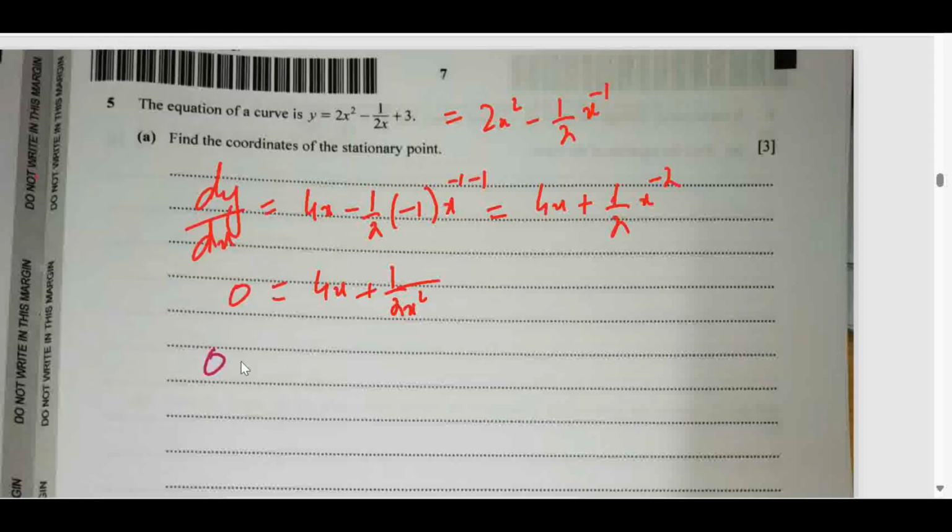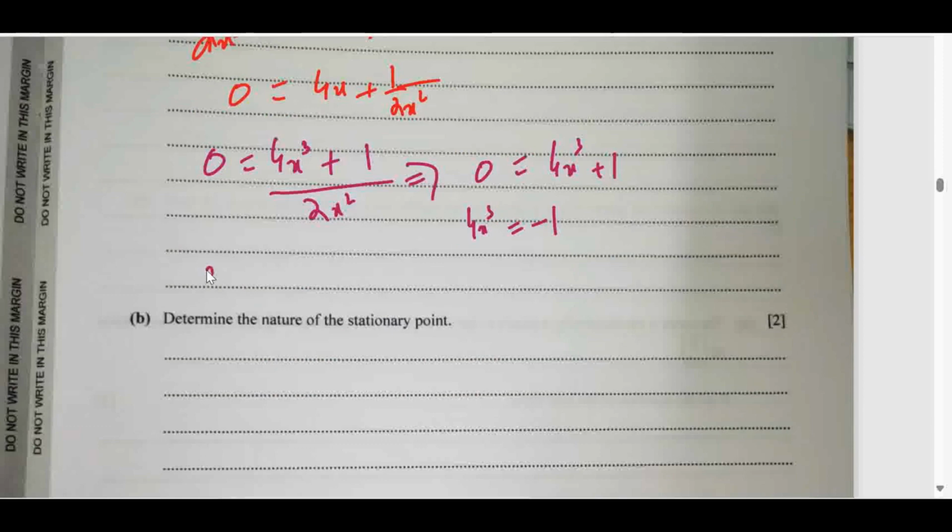If we equate it with 0, this will be 0 is equals to 4x cube plus 1 whole divided by 2x square. So from here we will get 0 is equals to 4x cube plus 1. So 4x cube is equals to minus 1.